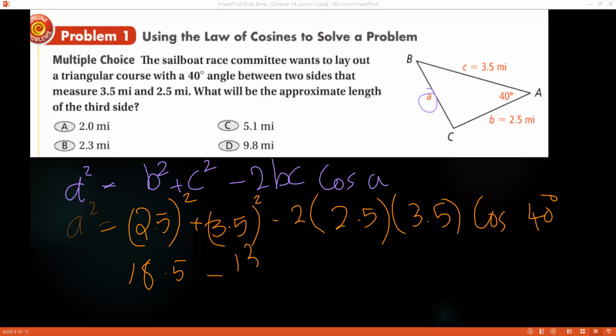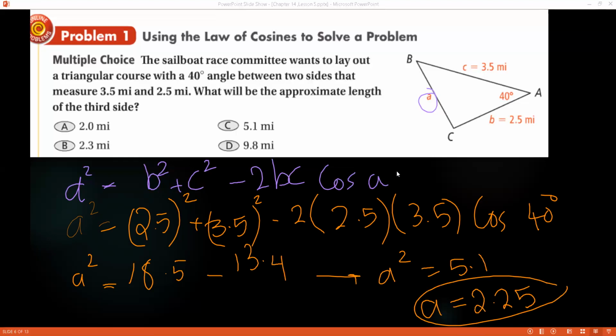Here, 13.4 minus 18.5. The answer is 4.1, oh no, 5.1. So A squared here is 5.1. So the square root of 5.1 will be 2.25.